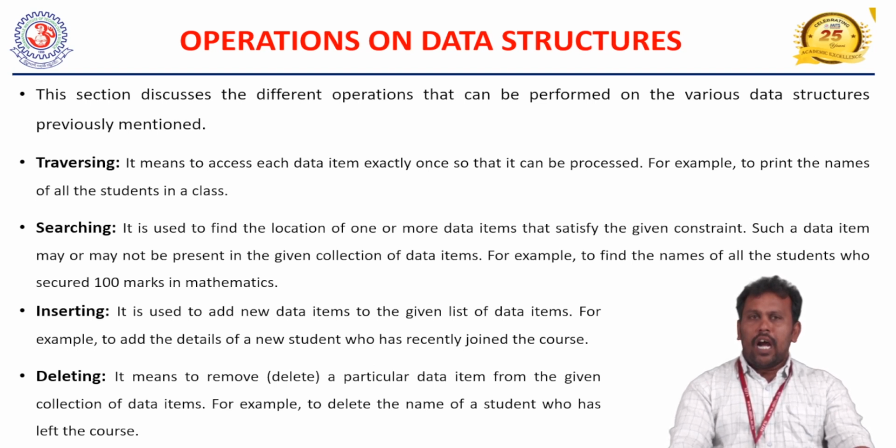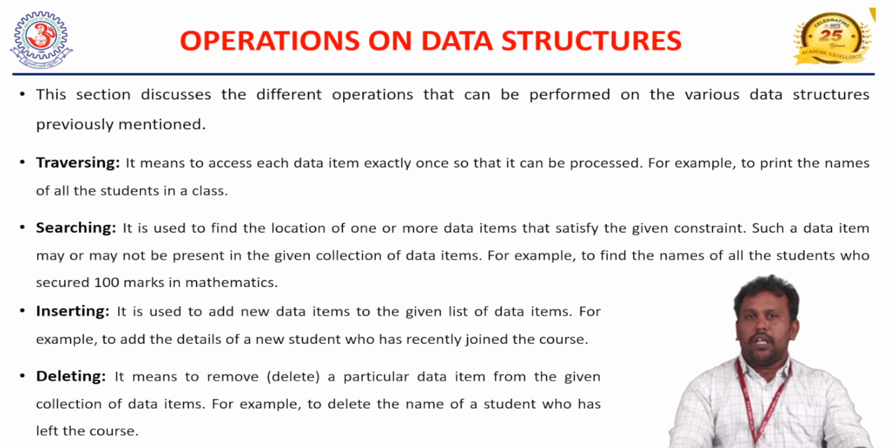Such a data item may or may not be present in the given collection of data items. For example, to find the names of all the students who secured 100 marks in mathematics, whether the element is available or not, we have to perform the searching. If the element is available, the search is completed. If the element is not found, the search is completed but unsuccessful. That is the searching operation.